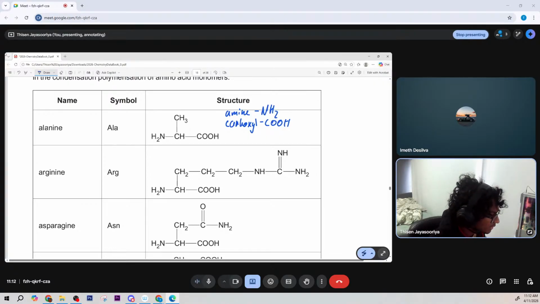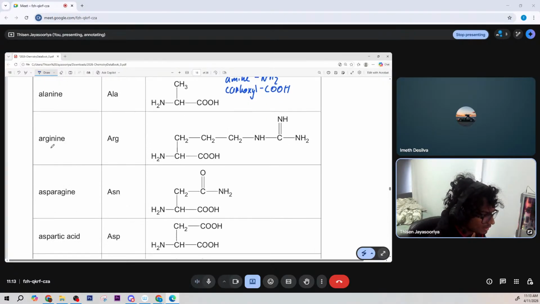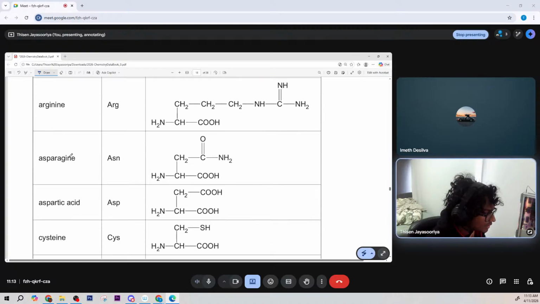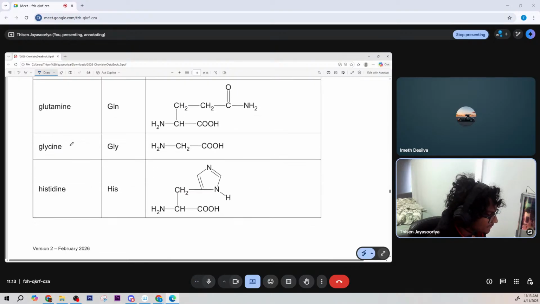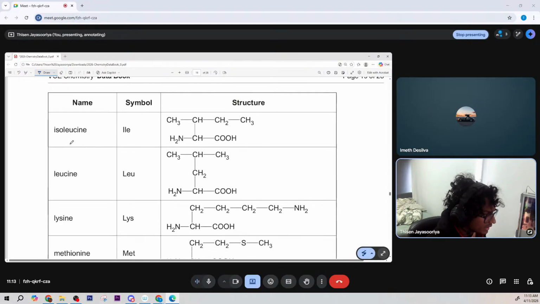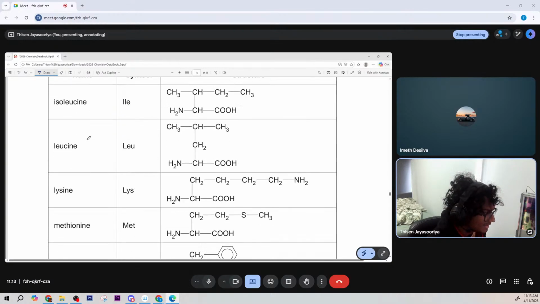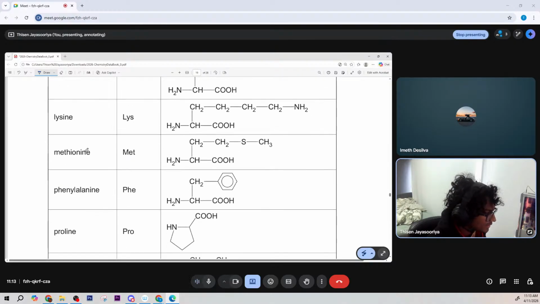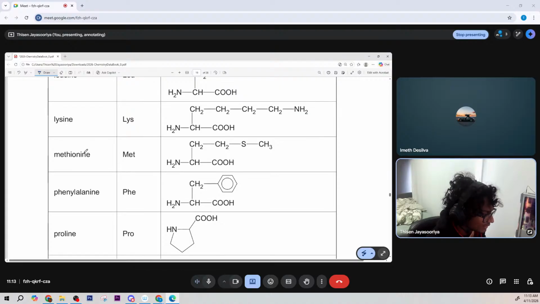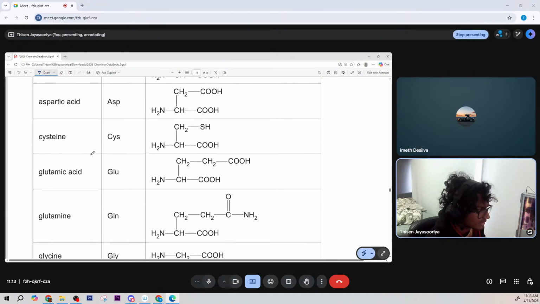Alanine is a neutral amino acid. Let me see if I can find another one. Cysteine is another neutral amino acid. Over here, isoleucine and leucine are both neutral. Do you see how it's all the ones that don't have that acidic group?